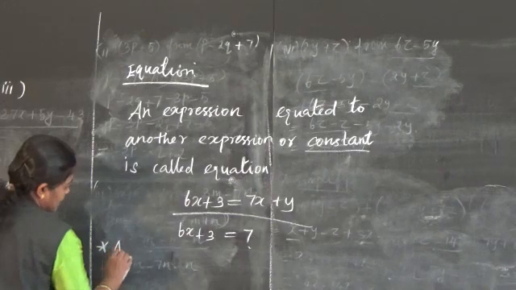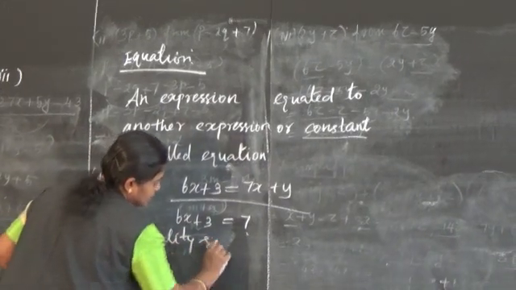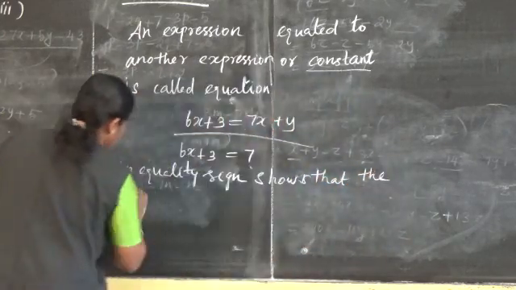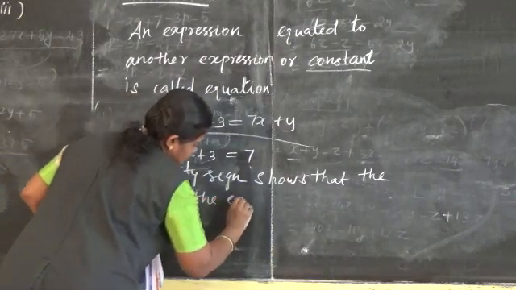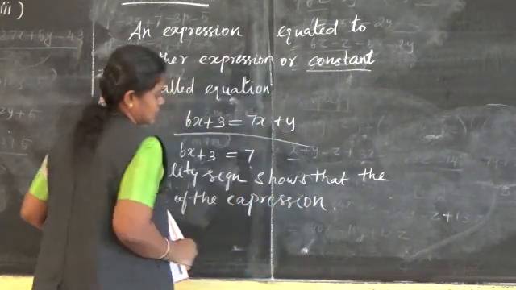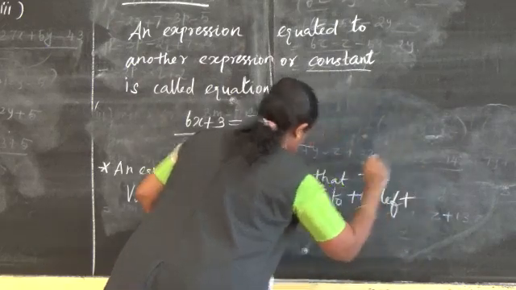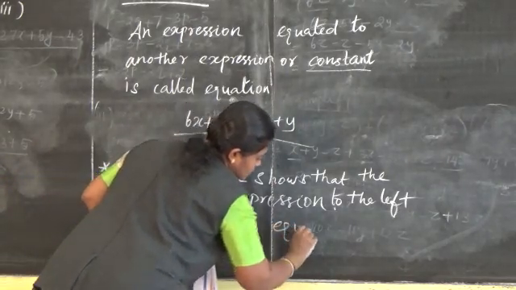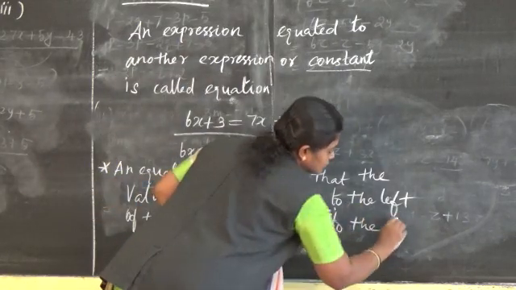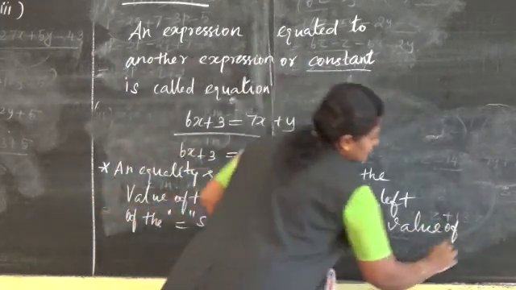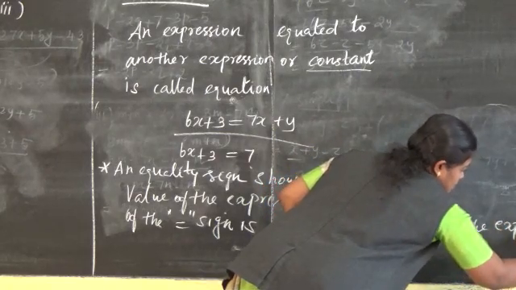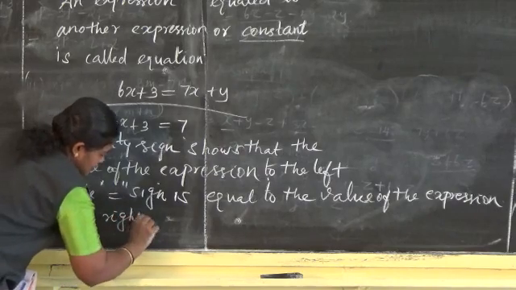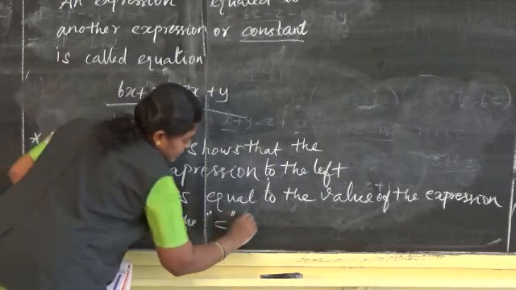So what is the property it holds? Here an equality sign shows that the value of the expression to the left of the equal sign is equal to the value of the expression to the right of the equal sign.